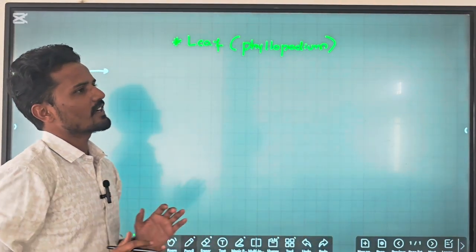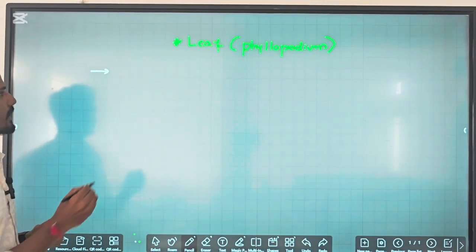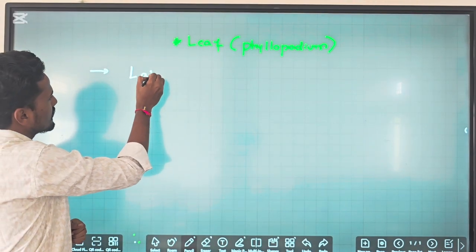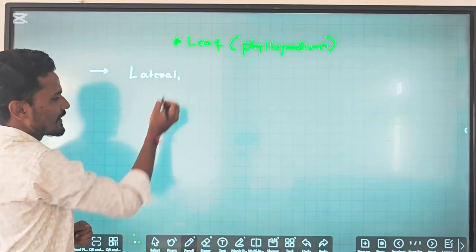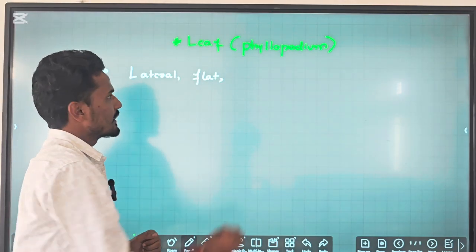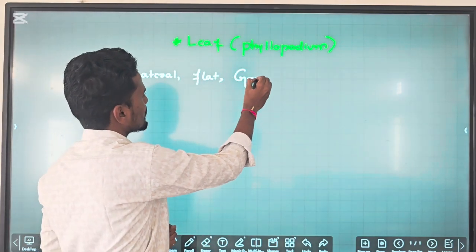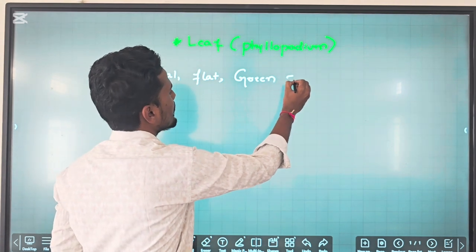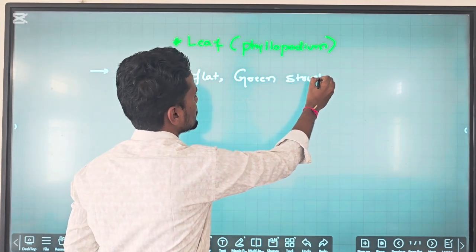A simple definition of a leaf is that it is a lateral, flat, and green structure.